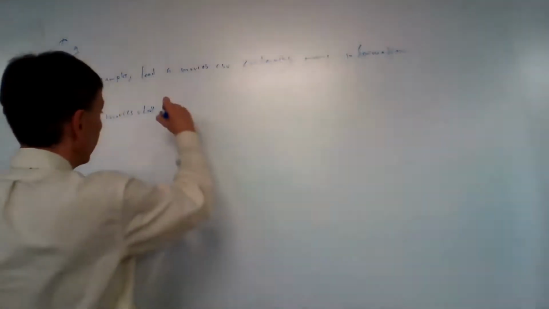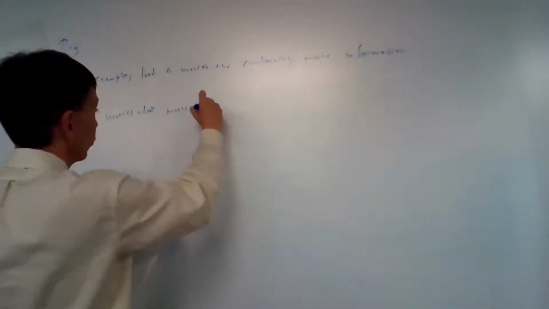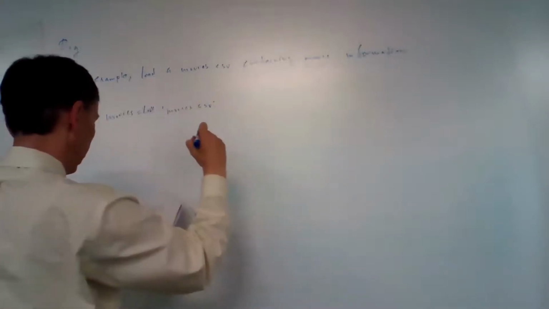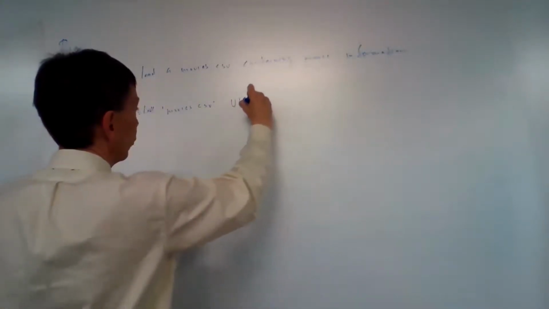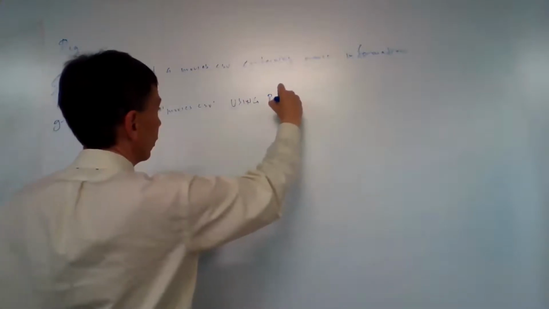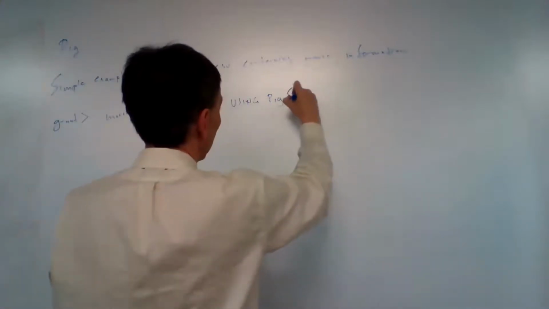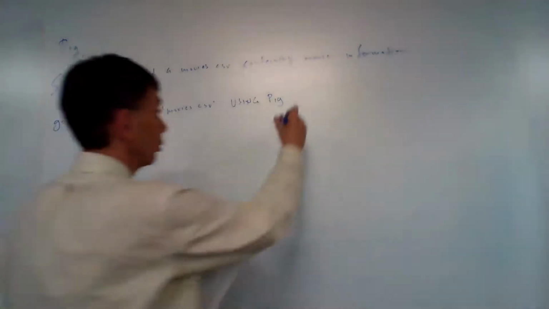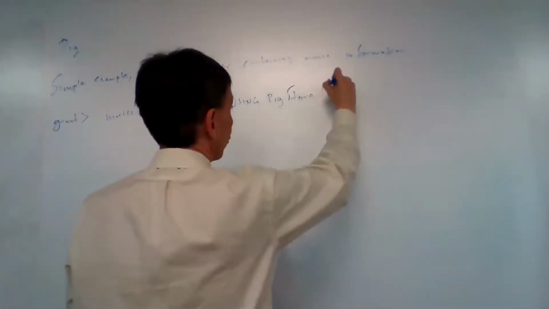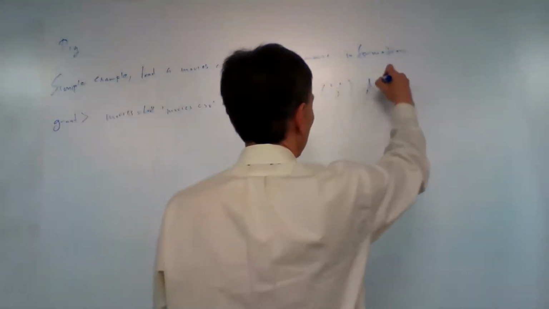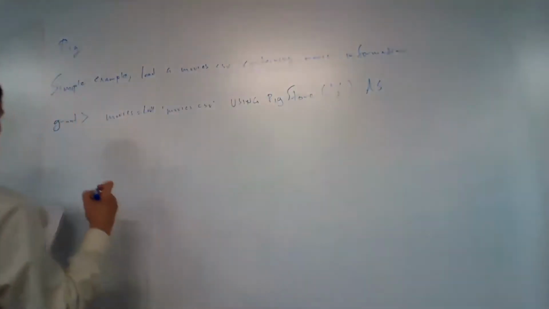So you load movies.csv using what's called a pig store. And I'm pretty sure this comma just tells it that that's the delimiter between the elements.